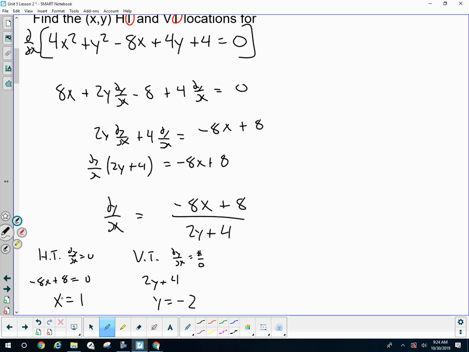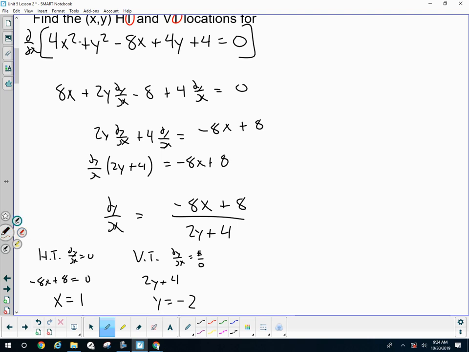Now, this isn't a point. x is 1, comma, negative 2. You're not going to write this down. Okay? Because we don't know. Like, if the question asks us to find the x or y coordinates of the horizontal or vertical tangents, we'd be done. I'd say, okay, horizontal tangents occur when x equals 1. Vertical tangents occur when y equals negative 2.